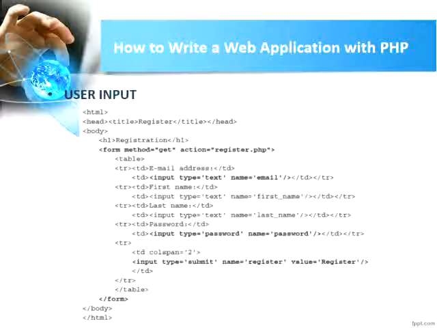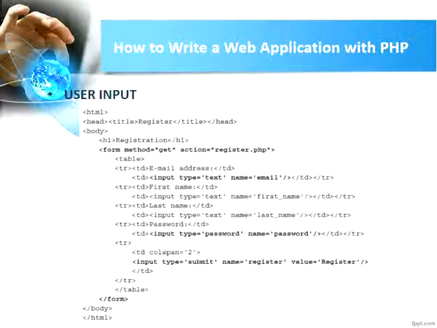Also, there are other important things in the form. What are these important pieces of information? So method, action, and also the names of the components of this form.